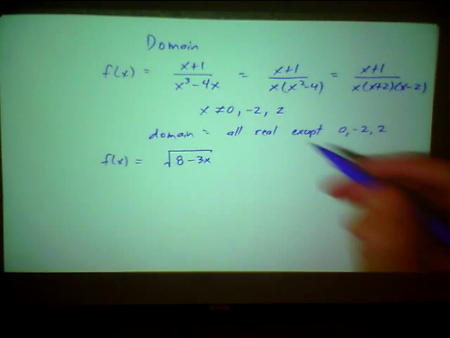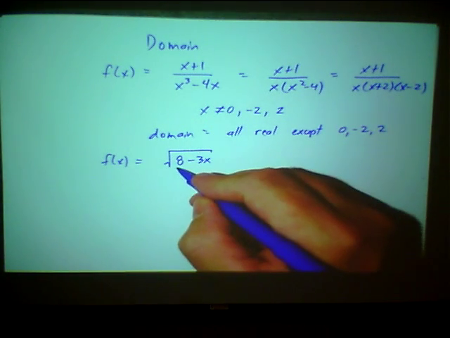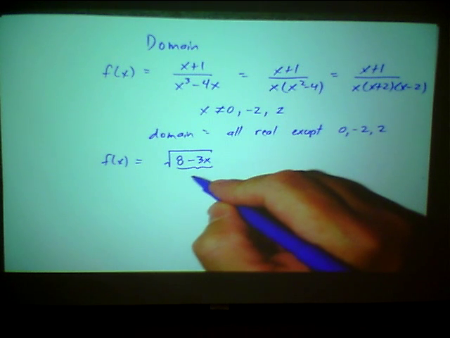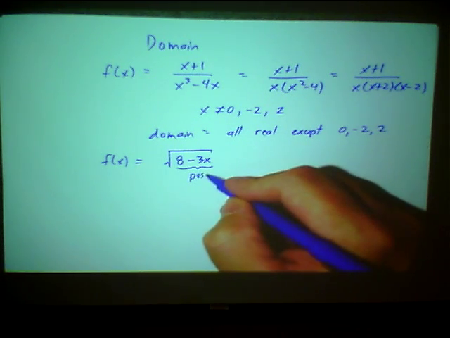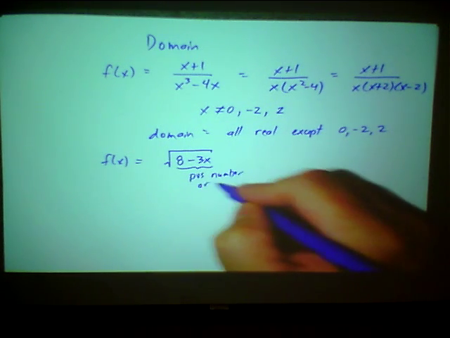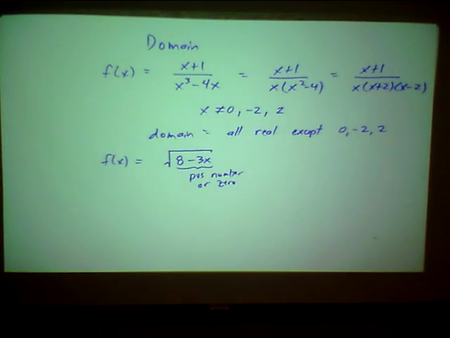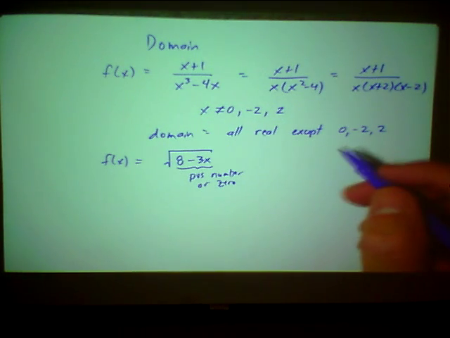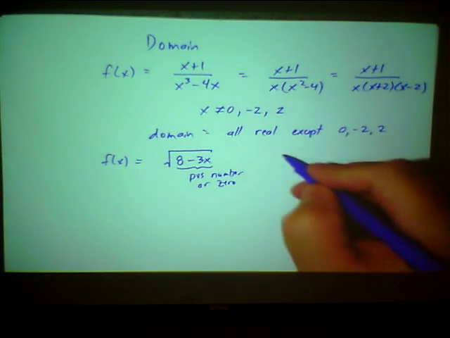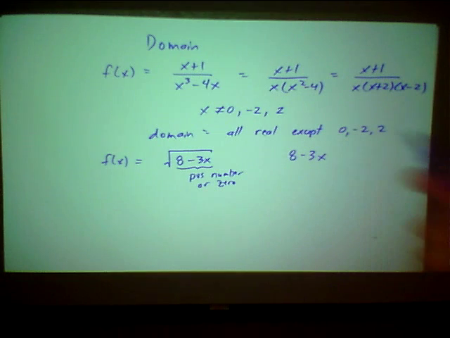So how would I say that? Well, what needs to happen is, this thing right here needs to be a positive number, or it can be 0, but it cannot be negative. So how can I determine what values of x? Well, how about I take the expression under the square root and I say, you know what?